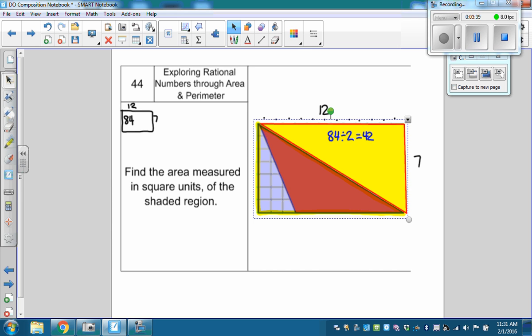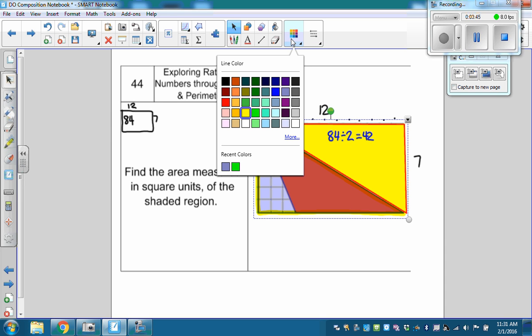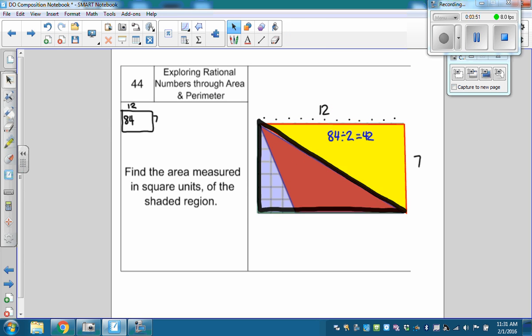Let's make that a different color. That black triangle right here is also 42 units.